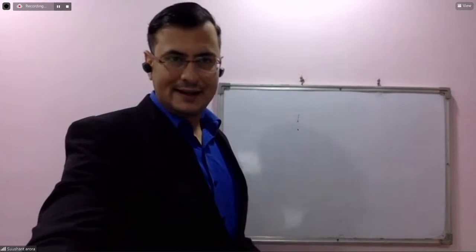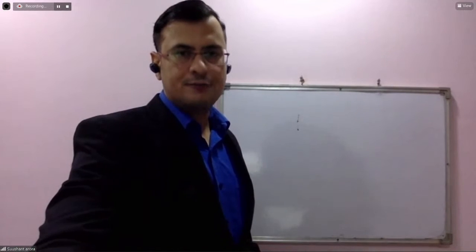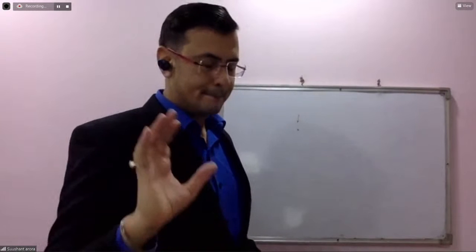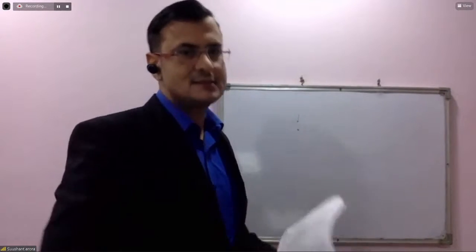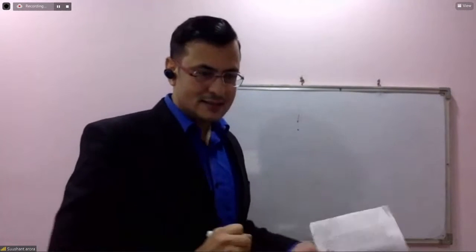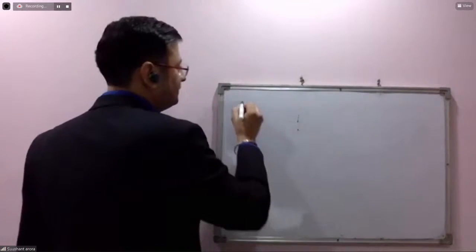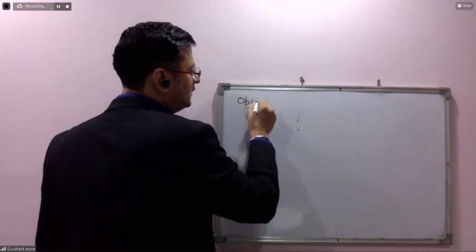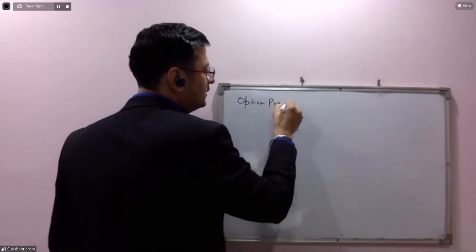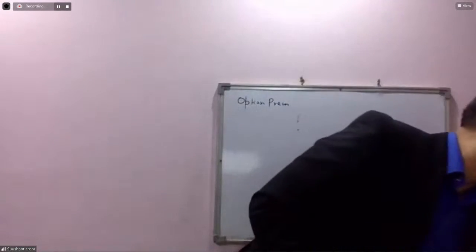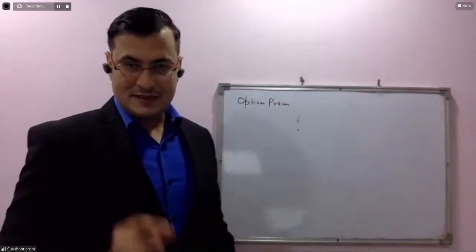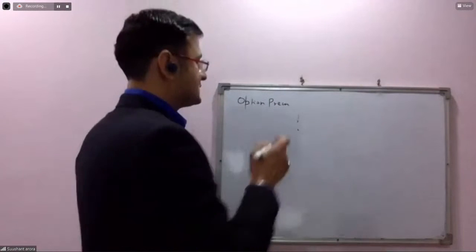So before we actually start the concept of the valuation models, meaning option valuation techniques, it is also important to understand one thing. The option premium that you will be required to calculate in the examination is basically a constituent of two things.